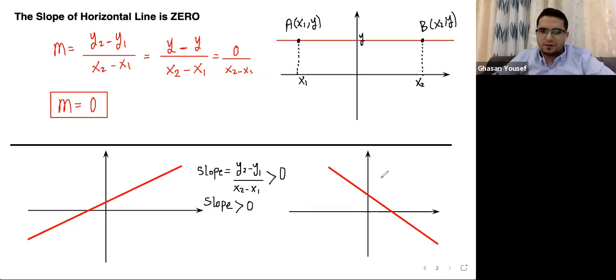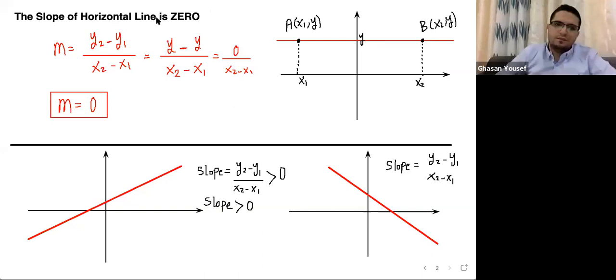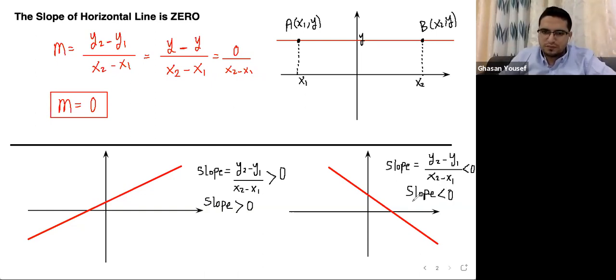And for the line of this form, the slope, the difference of y2 minus y1 over x2 minus x1, is negative. The slope of the second one is negative, less than 0.